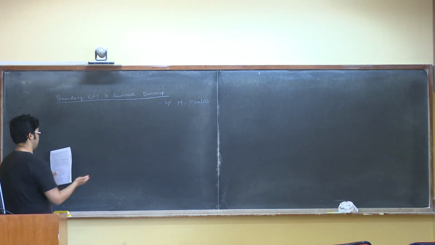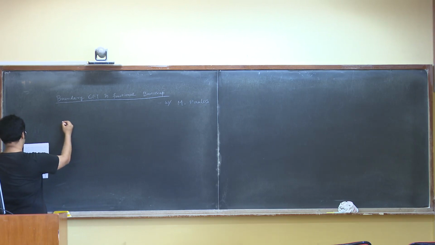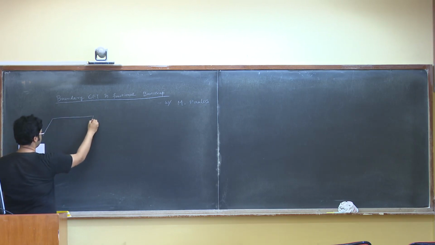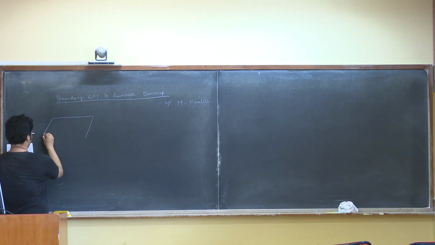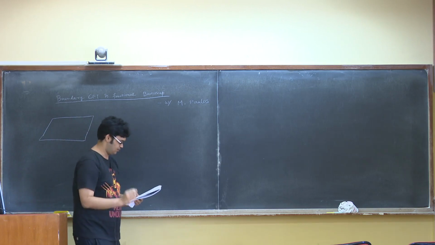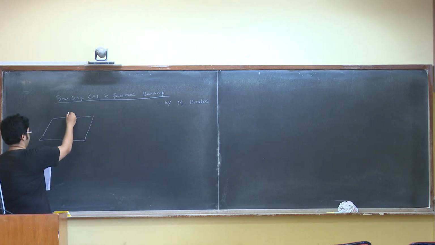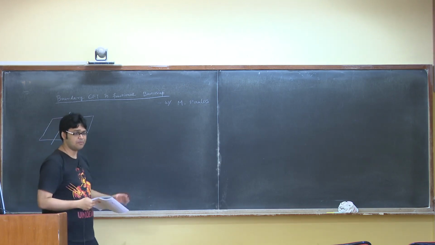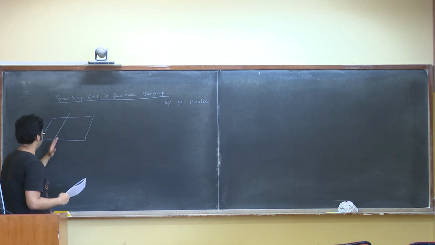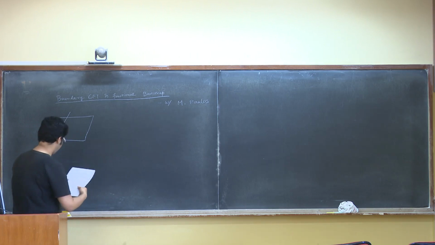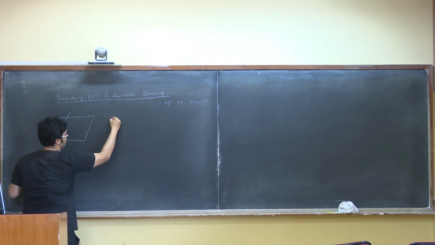So for boundary CFTs, let me draw a picture for a CFT in a regular space-time, and let me split it in half by inserting a line, and let me label my coordinates in this way.